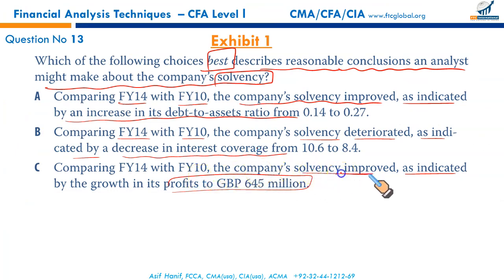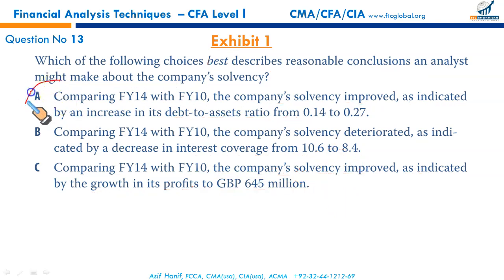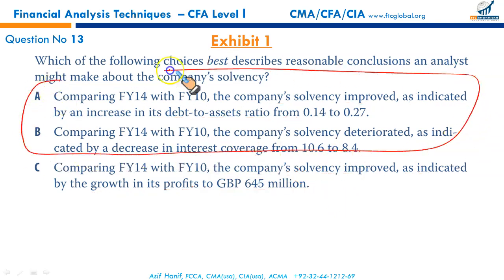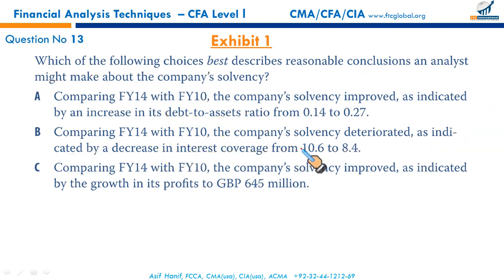The company's solvency improved as indicated by growth in its profits. Solvency is not determined by profitability. It's a wrong option and we will not spend our time on this one. We will just evaluate A and B. We will have to calculate the debt to assets ratio and the interest coverage ratio, and then we will make our conclusion.